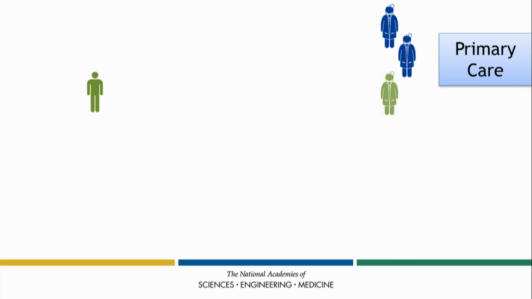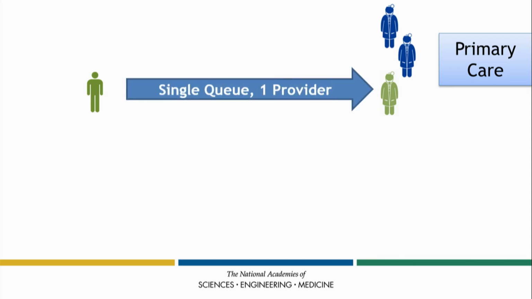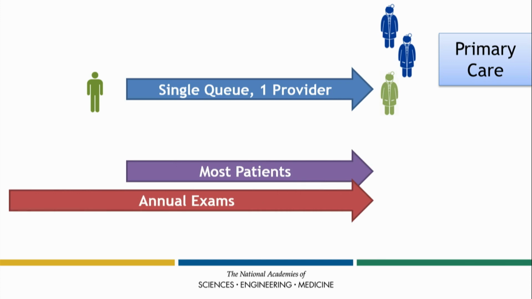Many of the fundamentals that I'm discussing here in primary care also apply to specialty care. There are some slight differences. So in primary care, the PCP has a panel of patients, and the appointments of that panel should really be viewed as one queue to the PCP. One indication that there might not be a single queue system is if there are different waits for different types of patients.